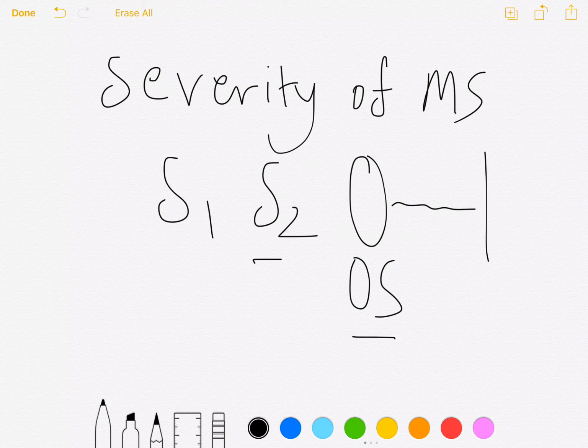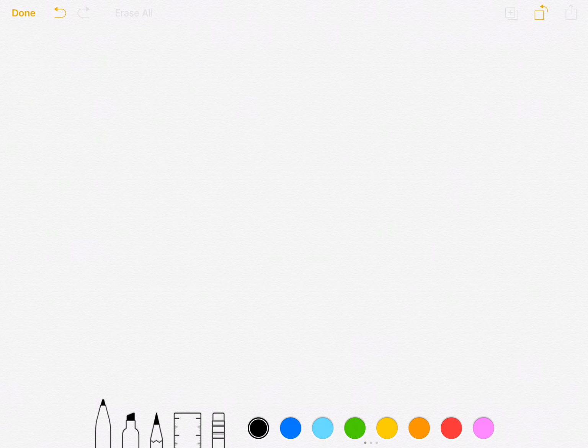But I think to make it more simple, I'm going to discuss this concept using the volume pressure loop with the different phases of the cardiac cycle. So this will make the concept clearer. Okay, so let's go. So this will be the diagram.